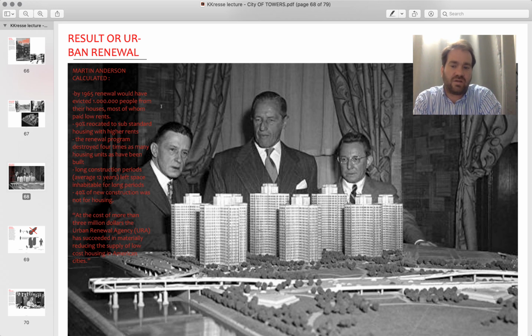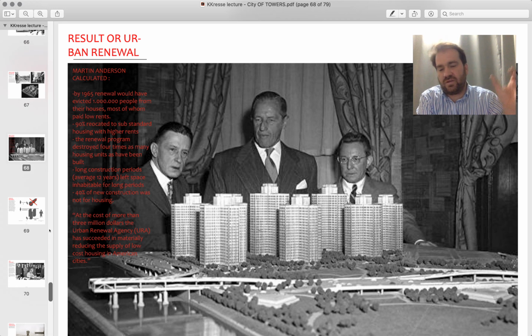And 40% of the new construction was not for housing. In order to make those projects feasible, there was a lot of commercial program included in the project. So what he's saying is kind of cynical: at the cost of more than $3 million, the Urban Renewal Agency has succeeded in materially reducing the supply of low-cost housing in American cities.